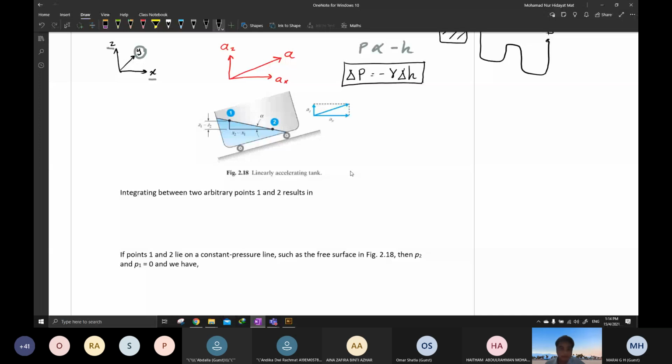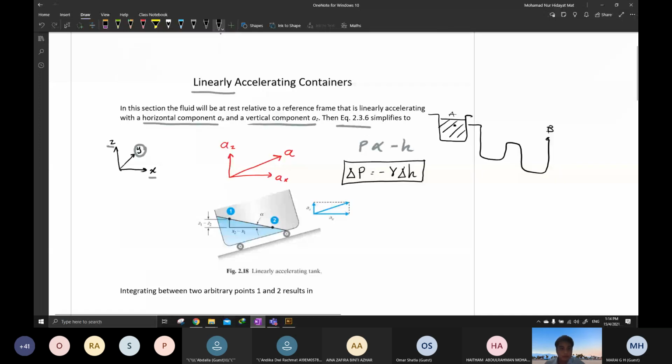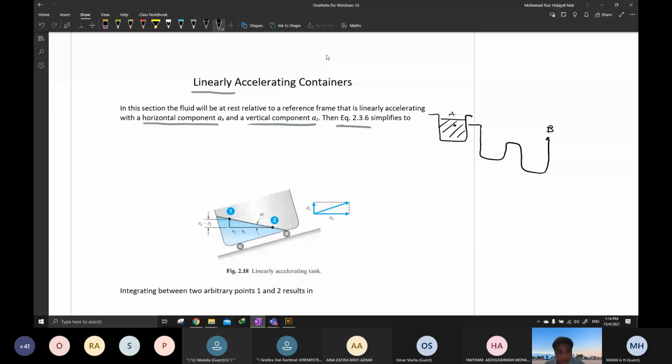Okay, let me delete that. So please write it down. This equation is based on the book by Potter. The change of P equals negative rho AX dx, minus rho AY dy, minus rho (AZ plus g) dz.